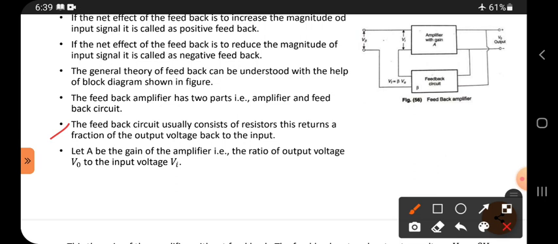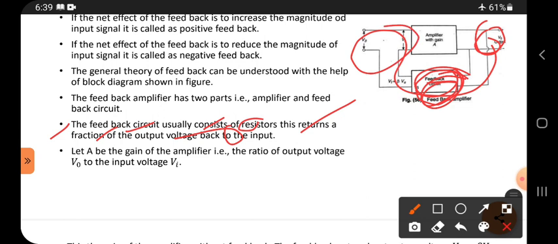So these resistors can make part of the output go to the input.